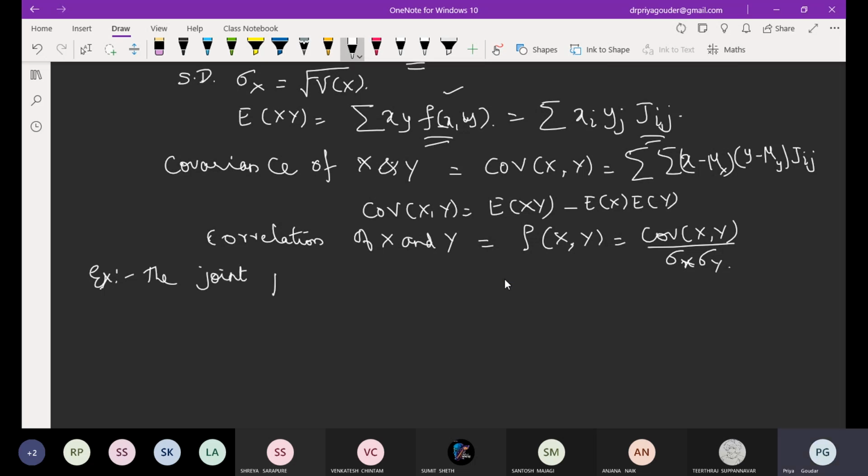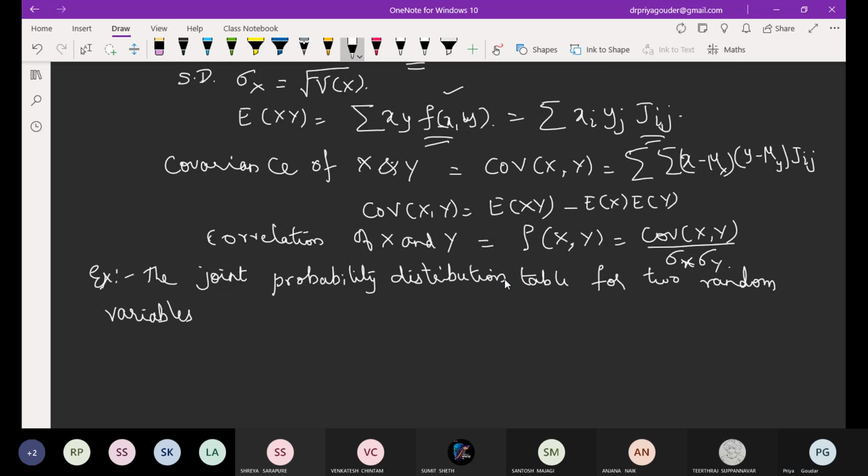The joint probability distribution table for two random variables X and Y is as follows.